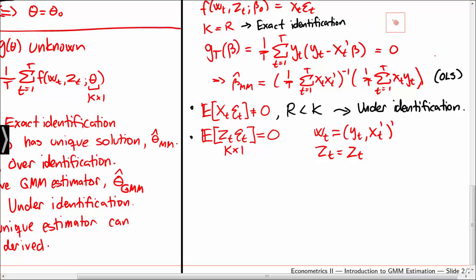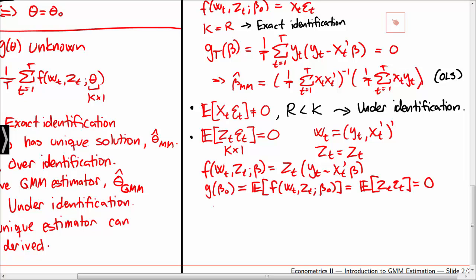Our function f is now the instruments times the residuals, and we have the moment conditions g of beta 0 that is equal to 0. In this case, we again have r equal to k. So we have just as many moment conditions as parameters, and we have exact identification.